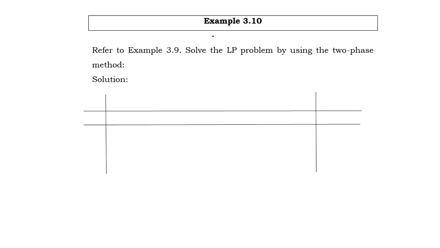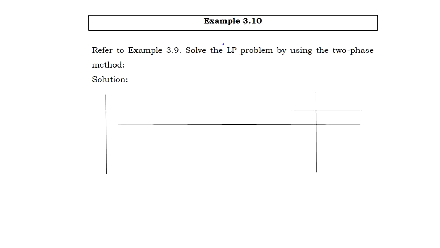So in phase 1, we need to change the objective function so that regardless whether the LP problem is maximized or minimized, in the first phase, we always want to minimize the summation of the artificial variables.